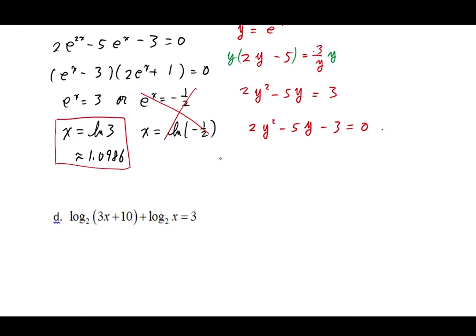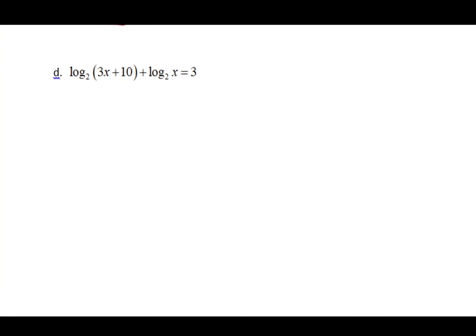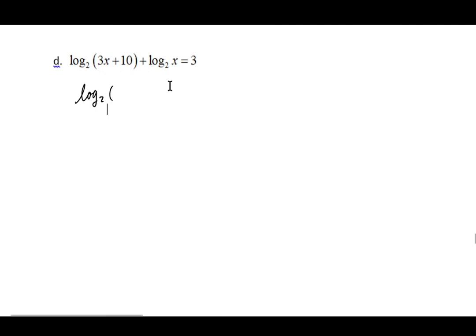Okay? Well, what about this kind then? First we have to combine these two. So we have log base 2, using the first property of logarithm. So we multiply x and 3x plus 10, so we have 3x squared plus 10x is equal to 3.